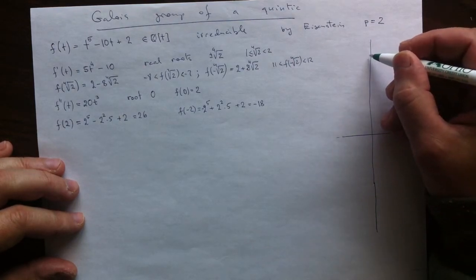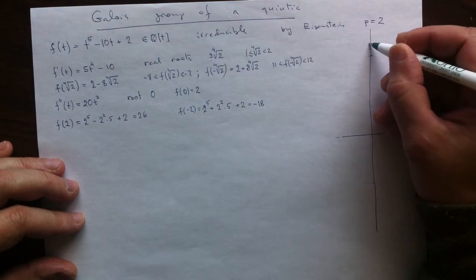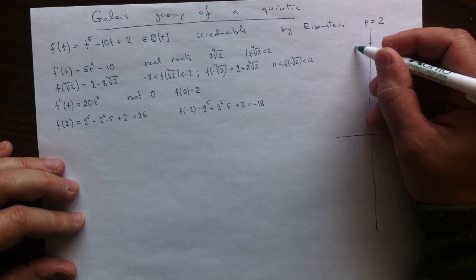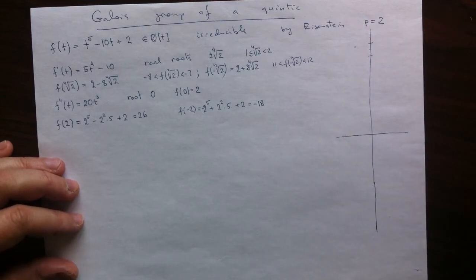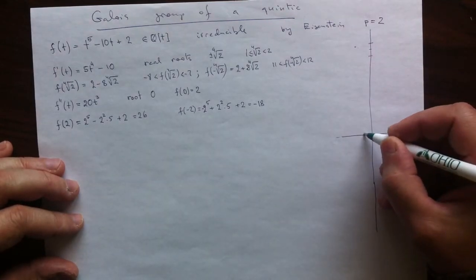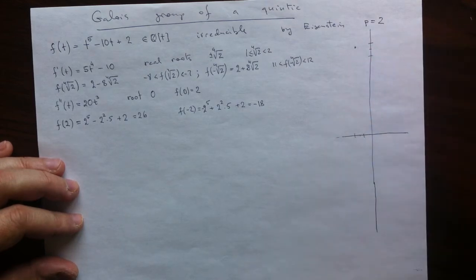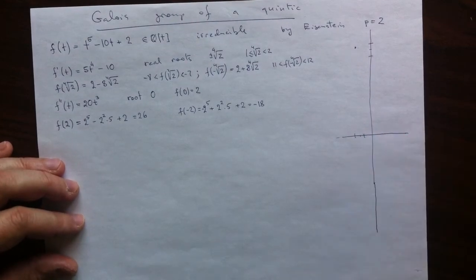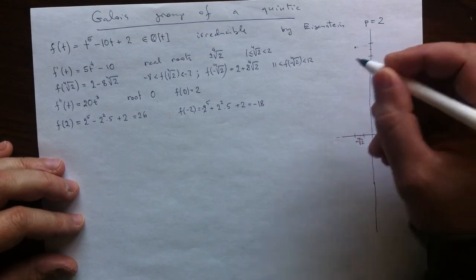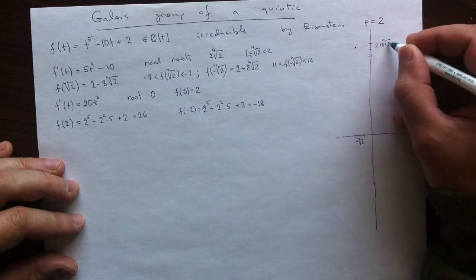So if 10 is somewhere here, and then 12 is somewhere here, in between 11 and 12 I will have the local maximum for my function, and that will be sitting above this negative fourth root of 2, which is in between negative 2 and negative 1, so somewhere here. That will be my point, so that is the negative fourth root of 2, and that is a number which is 2 plus 8 copies of the fourth root of 2.